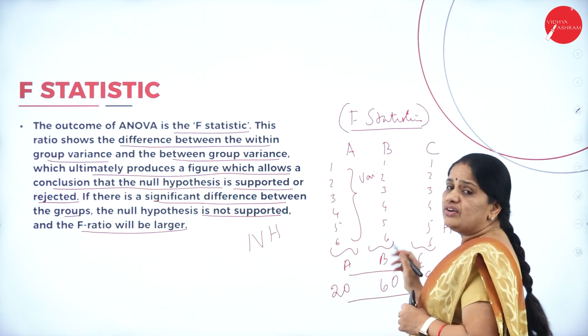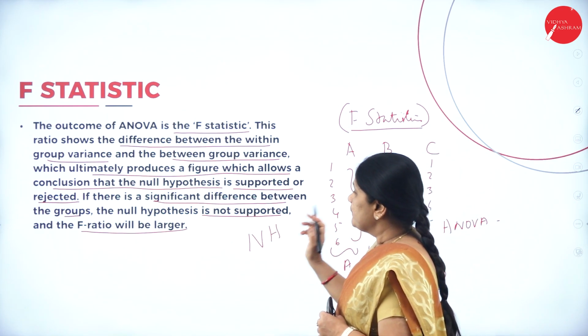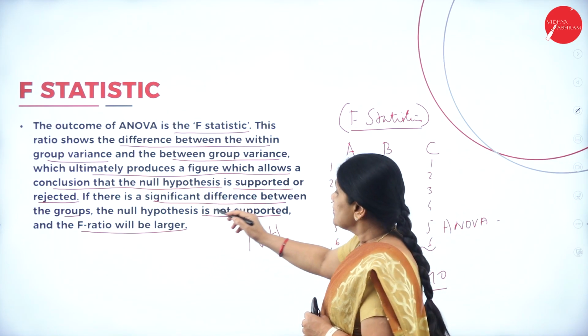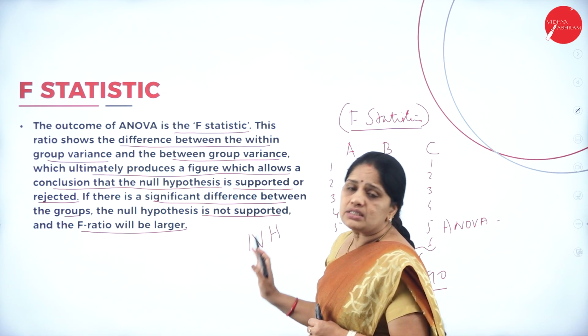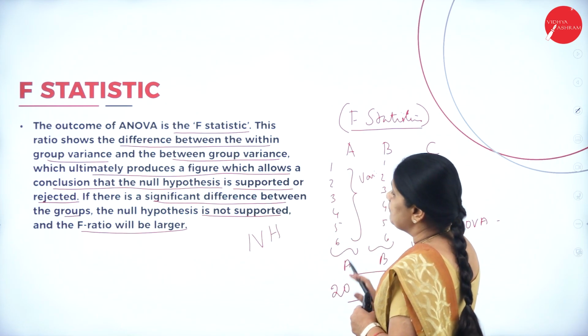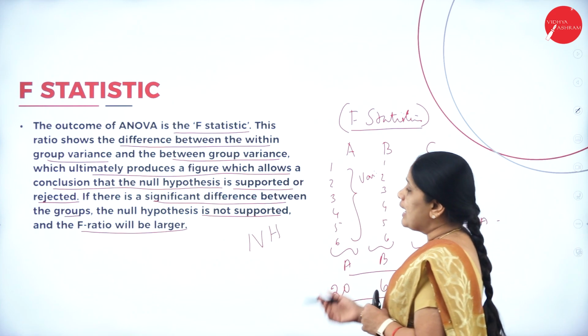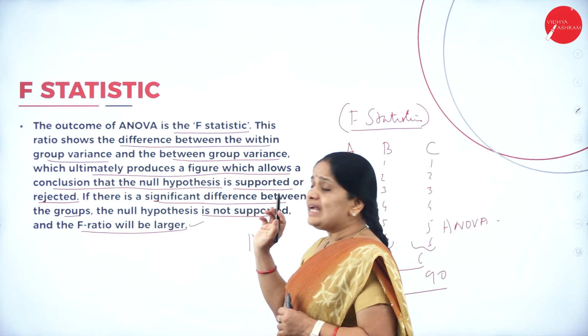So there is a lot of difference between these groups. Then we can say that the null hypothesis is not supported and the F ratio will be greater.